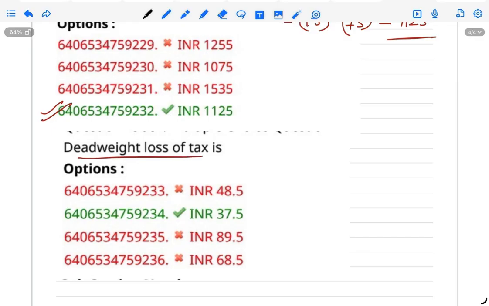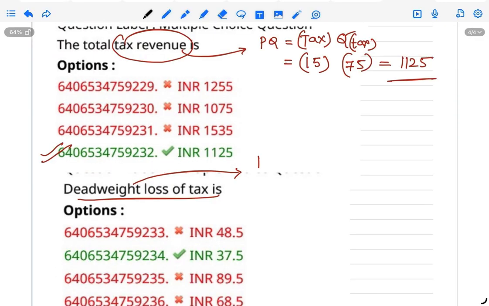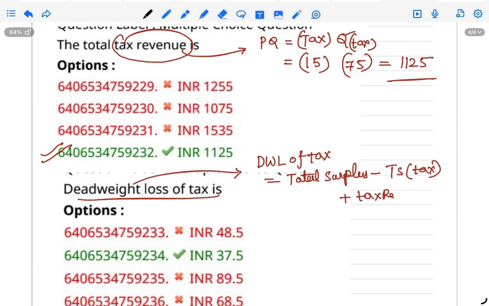And deadweight loss of the tax is total surplus minus total surplus with tax plus tax revenue. So you can add total surplus with tax plus tax revenue also.